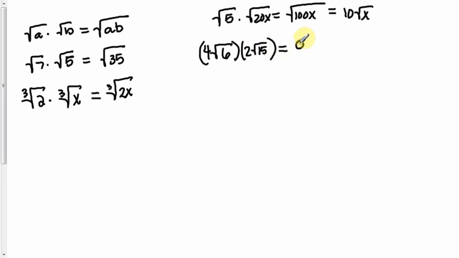So 4 times 2 would be 8, and then underneath the radical, 6 times 15 is 80, I believe. Somebody check me. No, 90. I do that every time. 90. Let me clean it up a little bit.